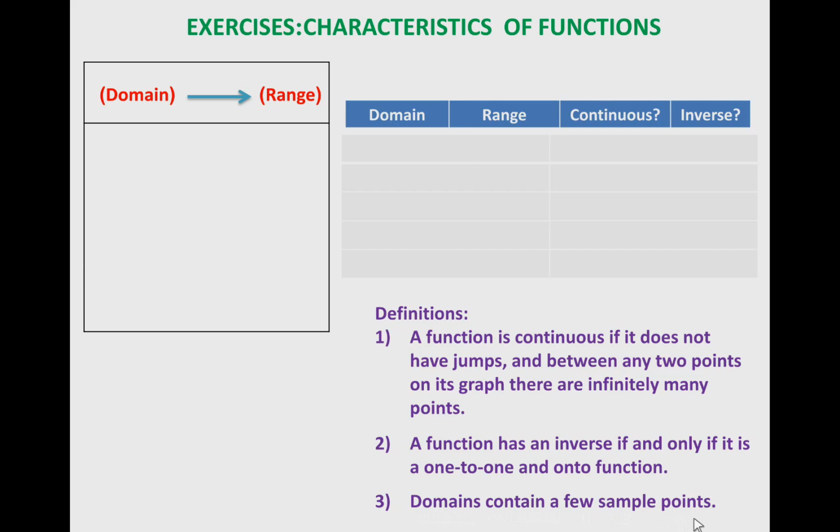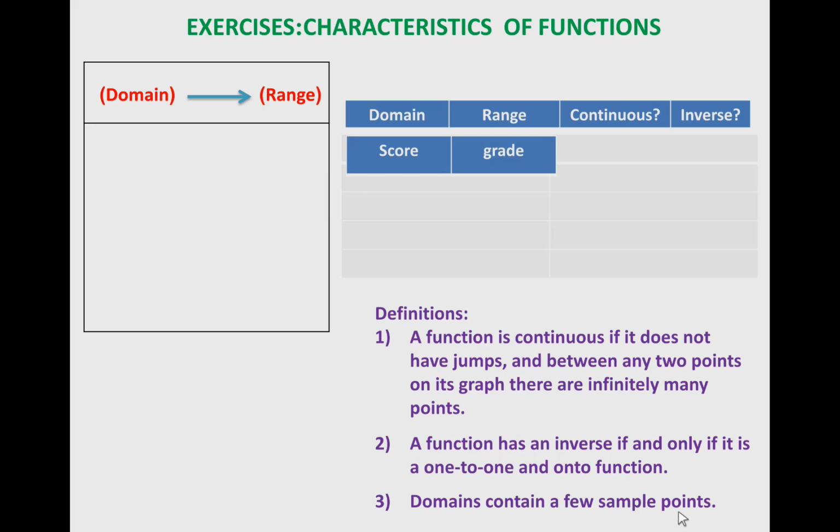If, for example, the domain is the set of all real numbers, we cannot write the set of all real numbers on this small screen or on any screen of any size for that matter. So we're just going to select elements from the domain, representatives of the domain, and put them in it.